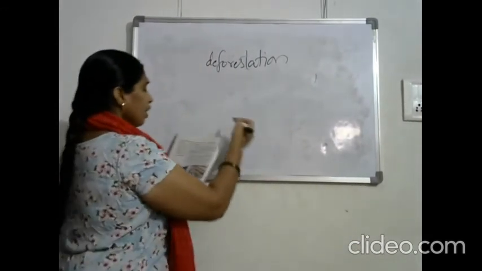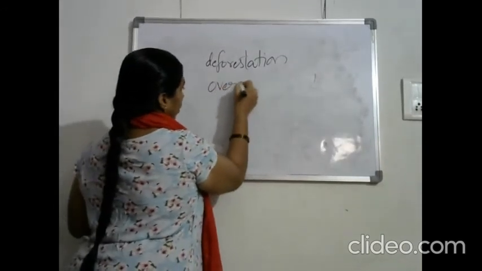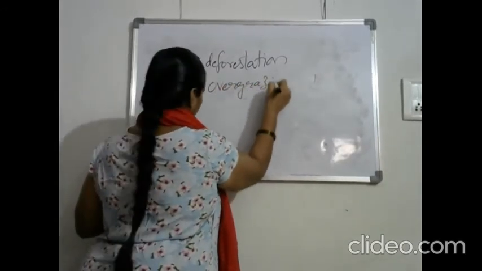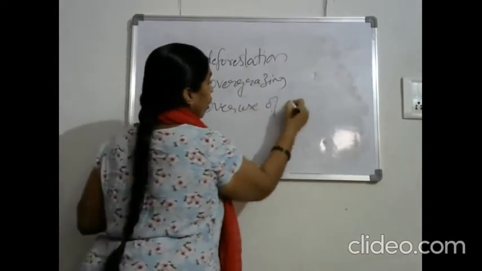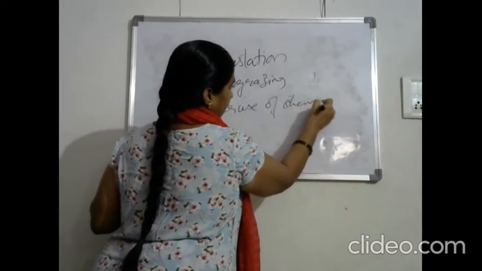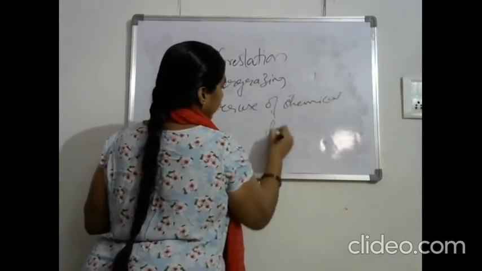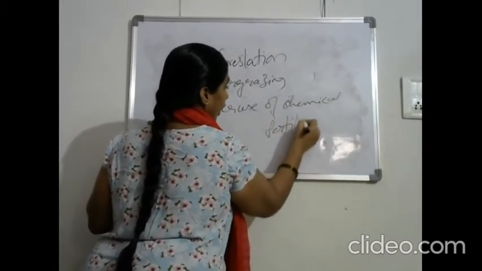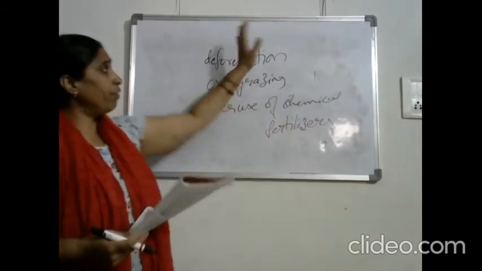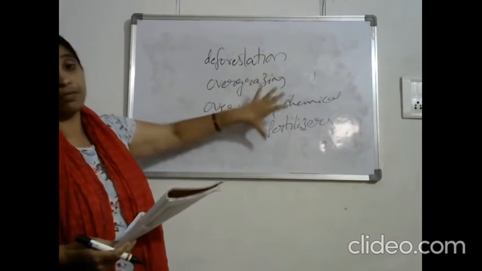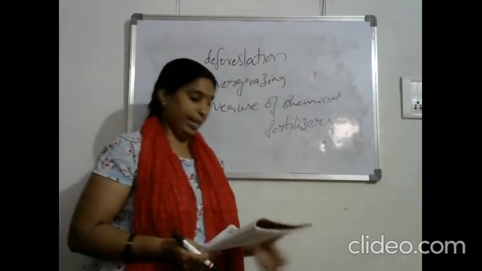Then overgrazing, and overuse of chemical fertilizers. So these are the reasons for soil degradation.